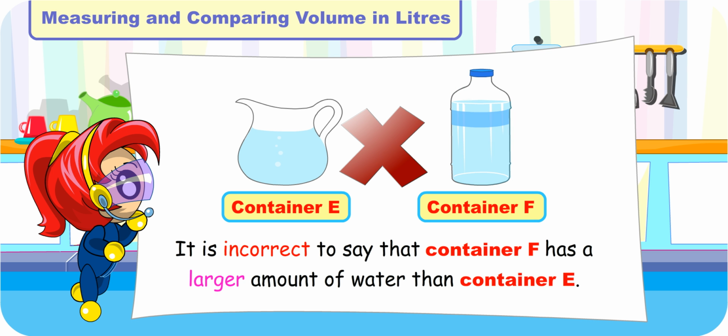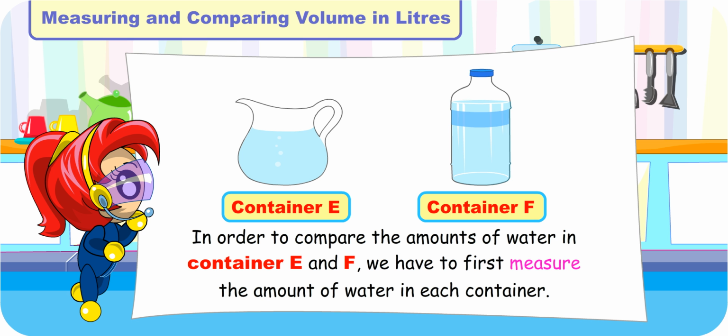It is incorrect to say that container F has a larger amount of water than container E. In order to compare the amounts of water in container E and F, we have to first measure the amount of water in each container.